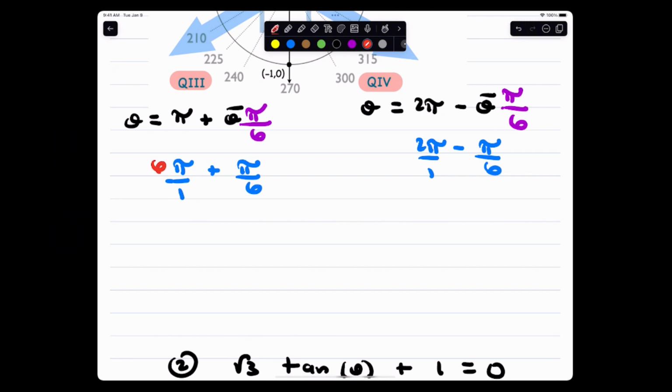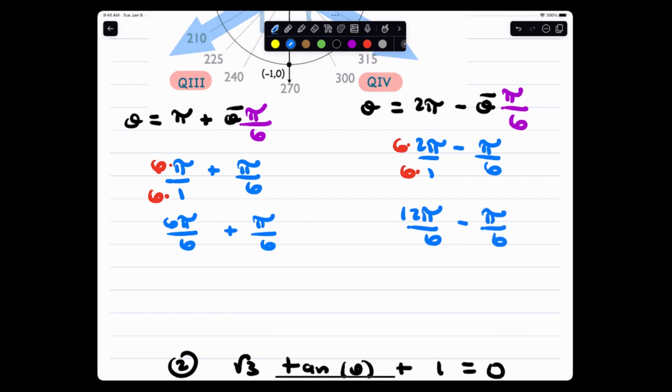I take this 6 times 6 here, and over here it's 6 times 6 as well. So your first solution will be 6 pi over 6 plus pi over 6. And here this is 12 pi over 6 minus pi over 6. So what is your first solution going to be?